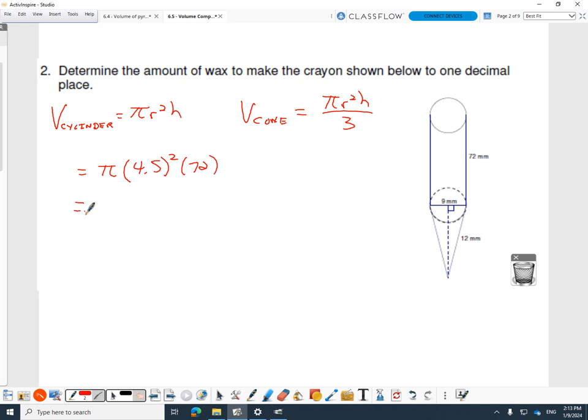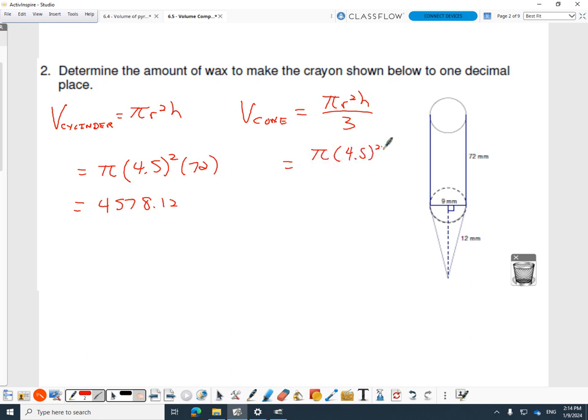And this time I didn't write 3.14, I just wrote pi, because you can do that too. But then when you go to your calculator, use the pi button or use 3.14. You try typing it in to make sure you're good at typing these in. I get 4578.12.